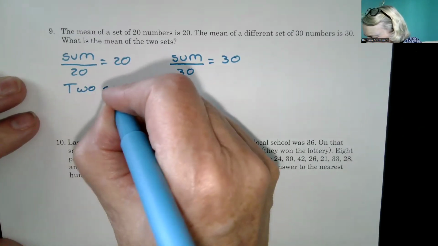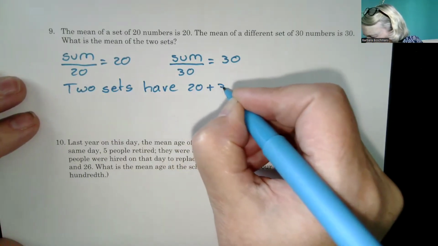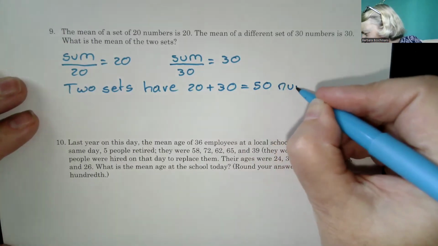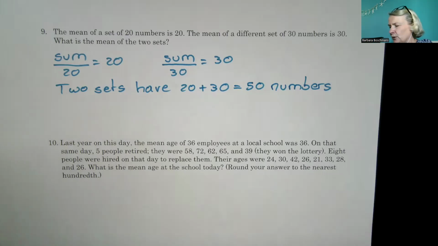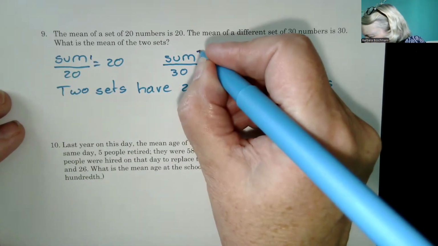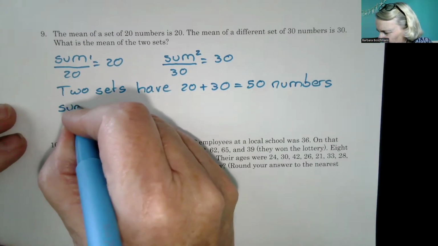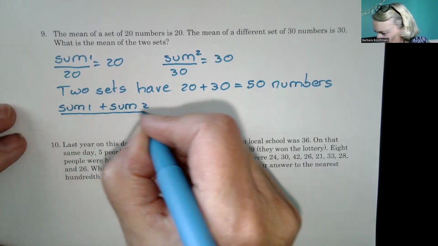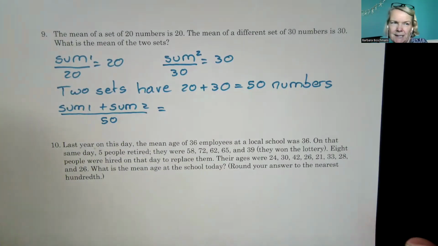So the 2 sets have 20 plus 30, which is 50 numbers. What you need to do is find, let's call this sum 1 and sum 2 maybe. Figure out what those sums are and then take sum 1 plus sum 2 all over 50 and you will get the mean of the 2 sets.